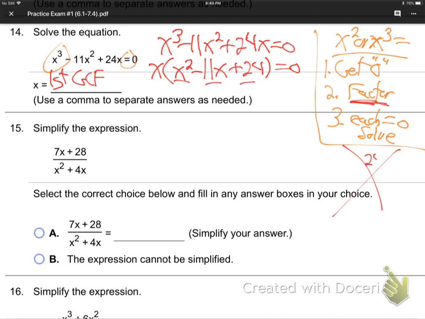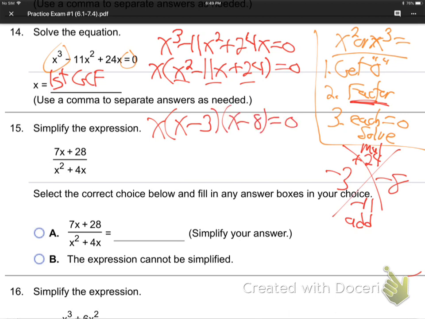So what multiplies to be plus 24 and adds to be minus 11? What times what's 24? 3 and 8, huh? Both negative. Will add to be negative 11 and multiply to be positive 24. So minus 3, minus 8. So that's all step 2.